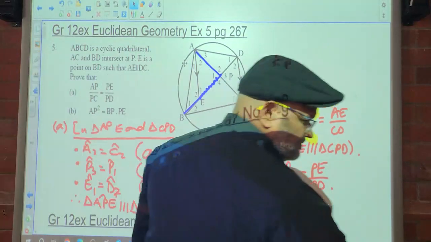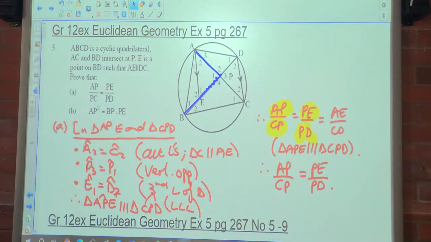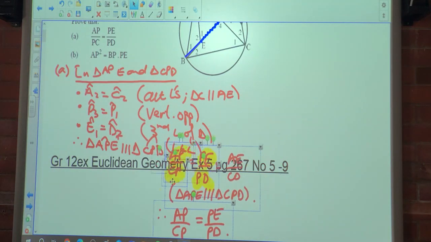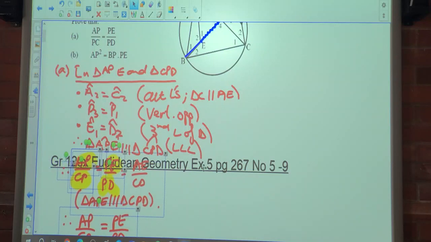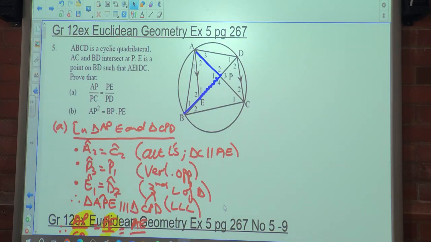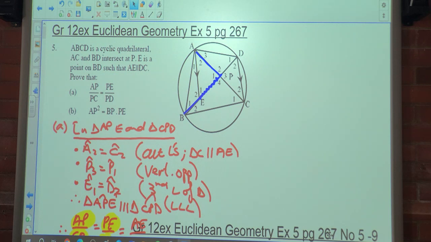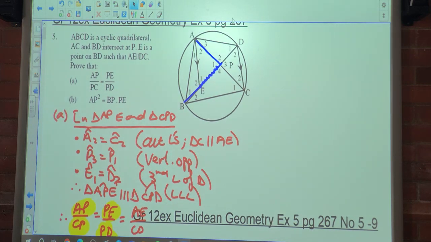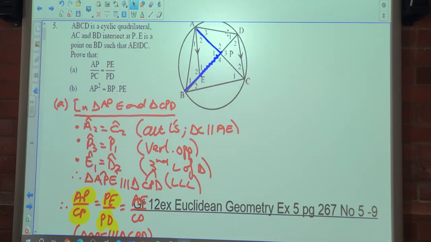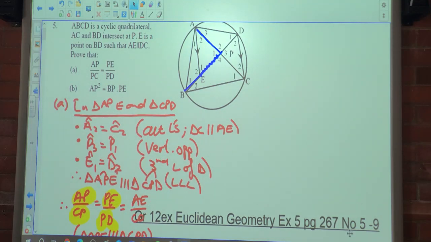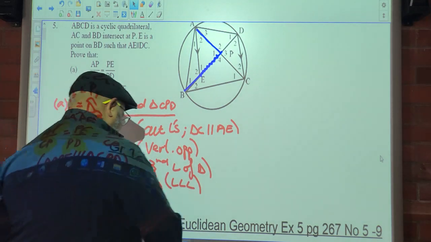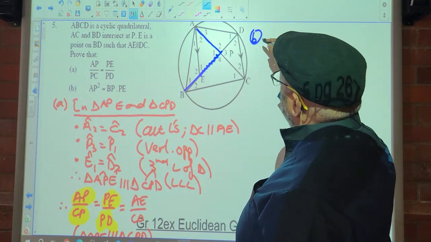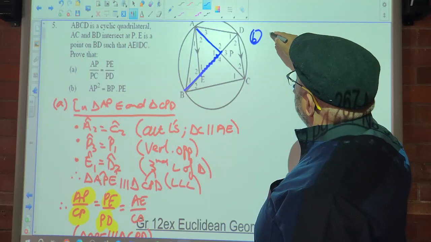Okay. I'm going to pull this down here. We might need it later. Okay, that's why I'm not going to get rid of it yet. Okay, so B, which two triangles are we going to work with?